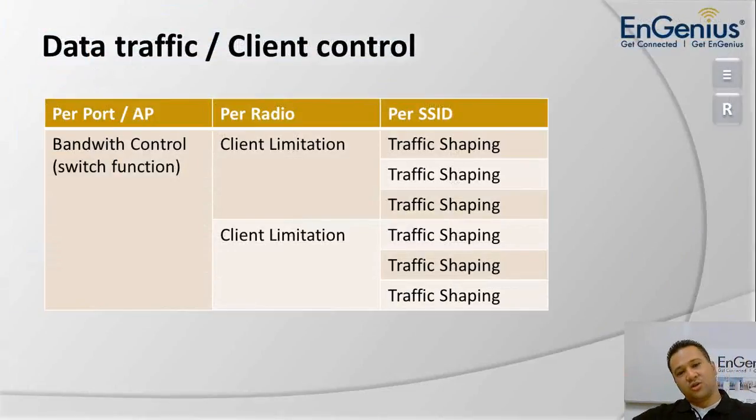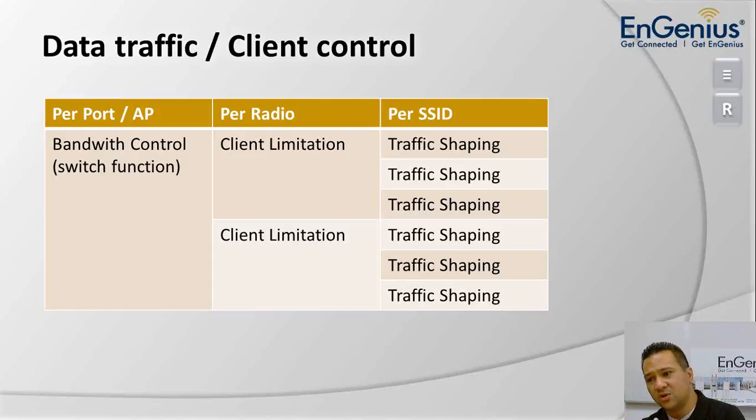To control the traffic or the quantity of clients in the whole network, there are a few things. Summarizing here, per access point, or actually per port, but since you have one access point connected to a port, you can do the bandwidth control. So you can already shape the data into one access point.